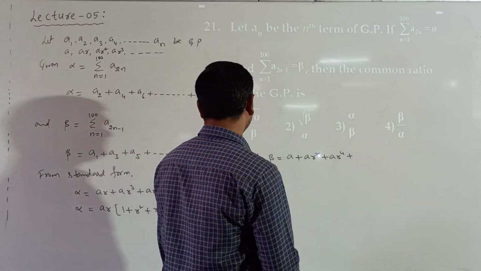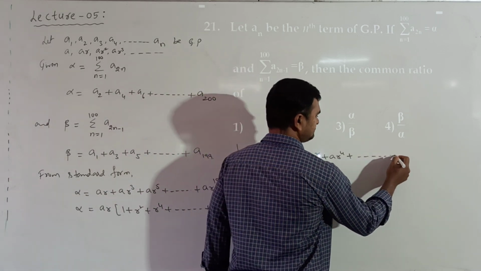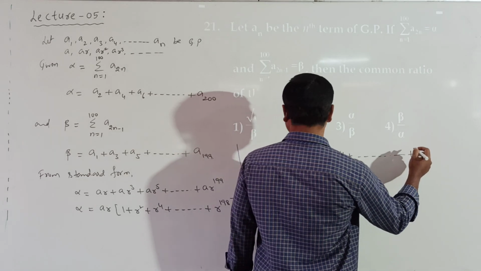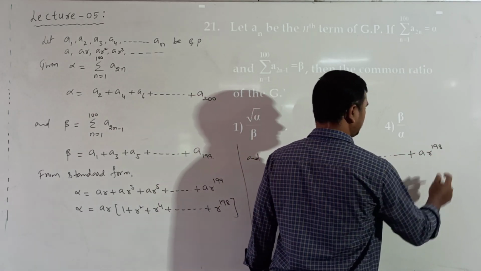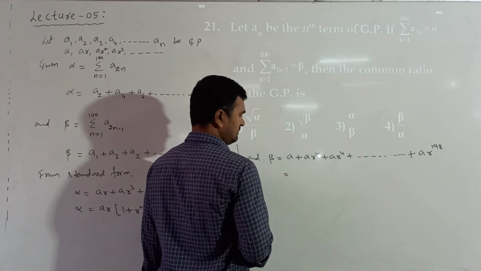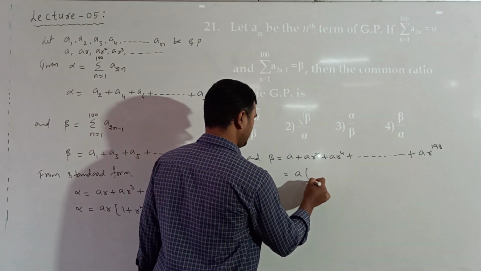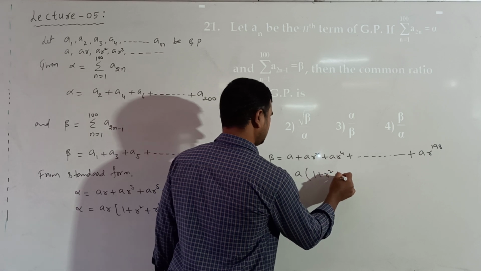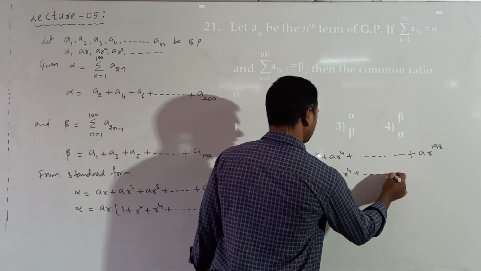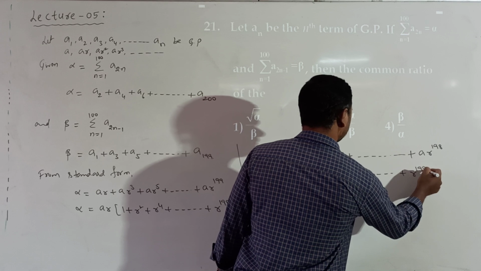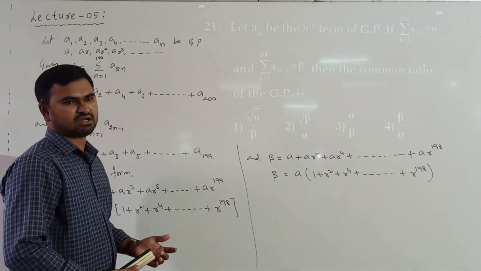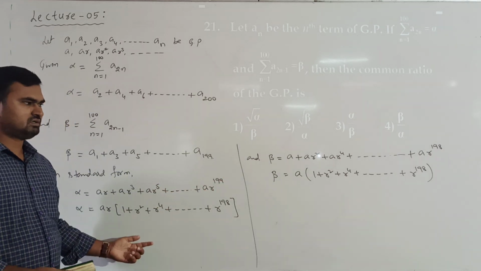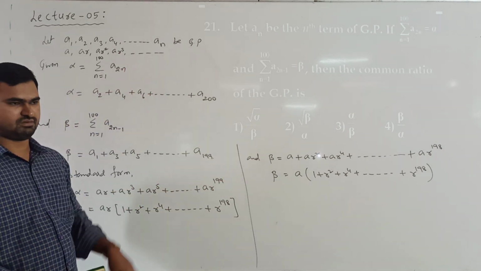A5 means ar power 4, and so on, up to the last term a199, which is ar power 198. Now what we can take common is a, leaving 1 plus r square, r power 4, up to r power 198. So these are the alpha and beta values by comparing with the standard form.